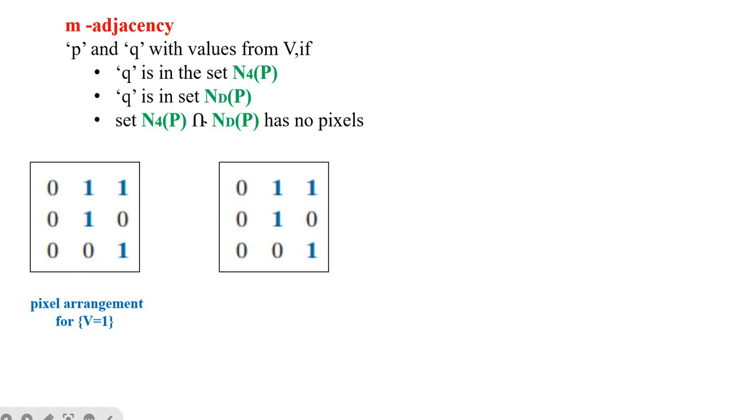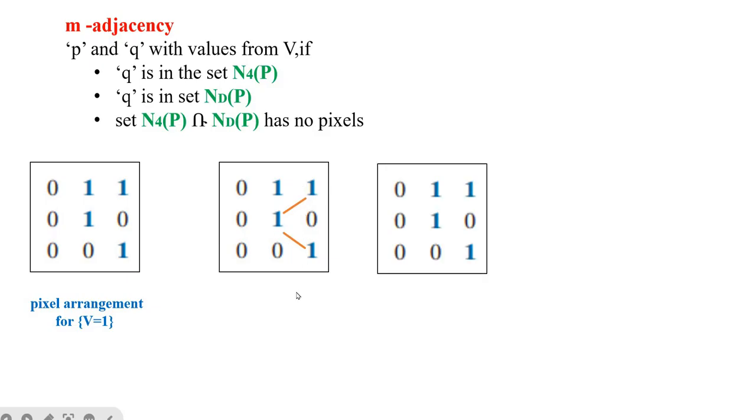Now we can see how I can connect using the 4 adjacency and 8 adjacency. Here I can make a connection between these two and these two using the 8 adjacency. Again I can have a connection between these two, and between these two and these two, or I can have many connections.